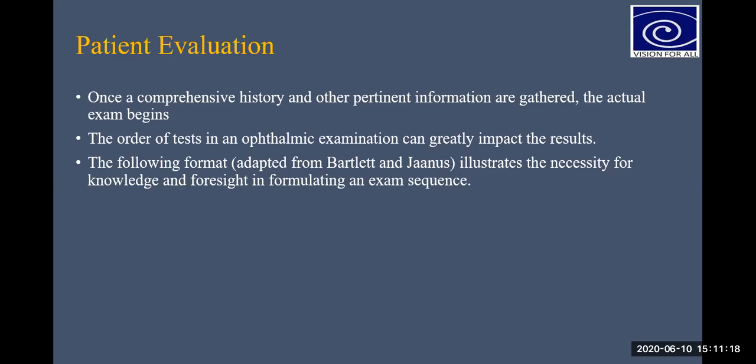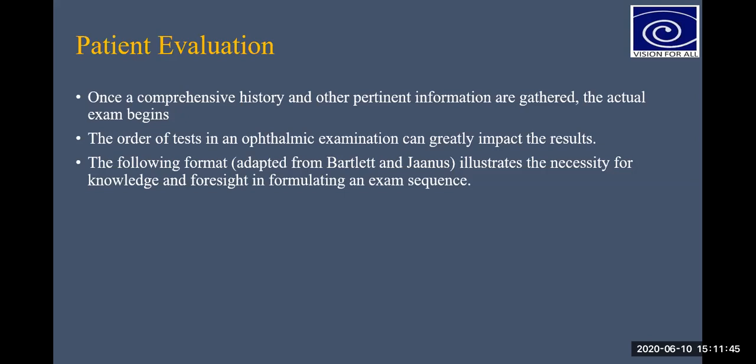Once a comprehensive history and other pertinent information are gathered, the actual exam begins. So all the demographic data may include the name, age, sex, and occupation of the patient. Once the patient's demographic data is recorded, the patient examination begins.